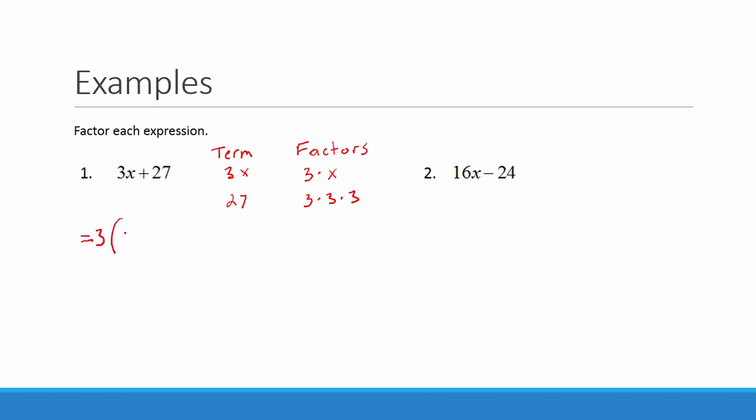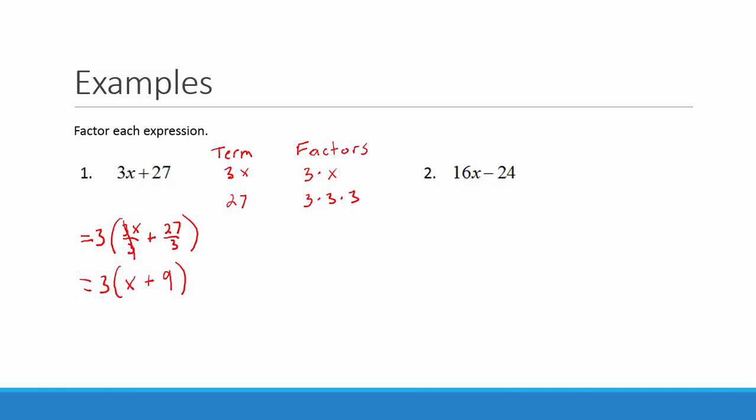Then we will divide each of our terms by the greatest common factor. So we get 3 on the outside as our greatest common factor, and then we will simplify our terms. 3 over 3 is equal to 1, and 1 times x is x. 27 divided by 3 is 9.